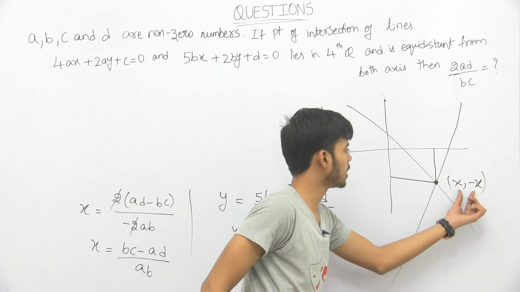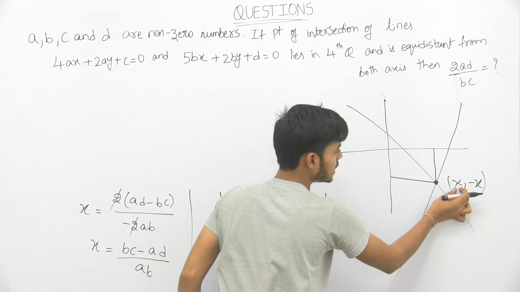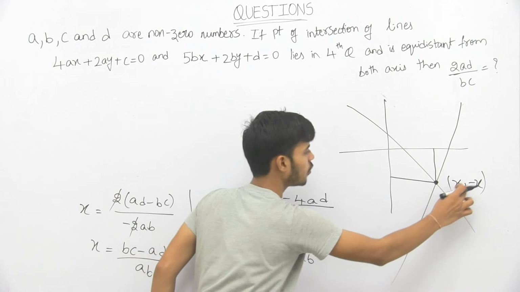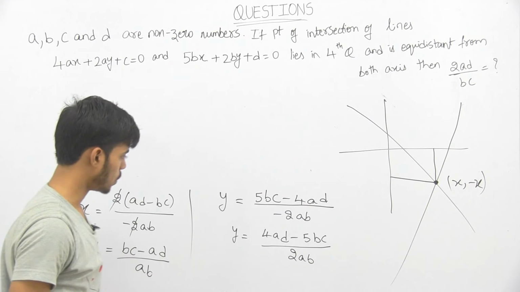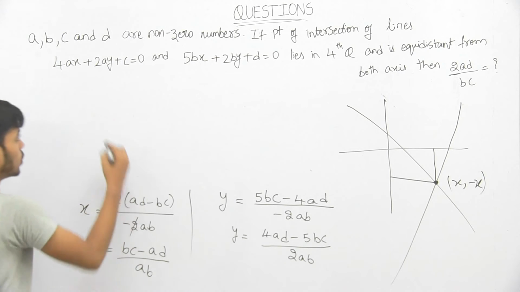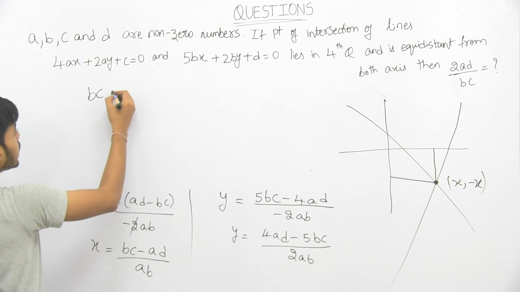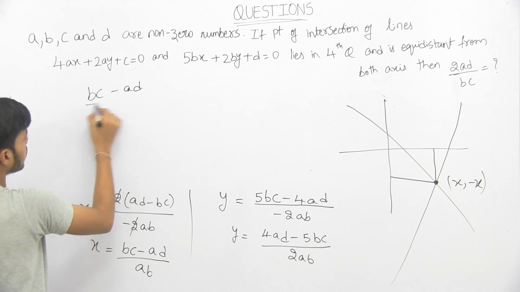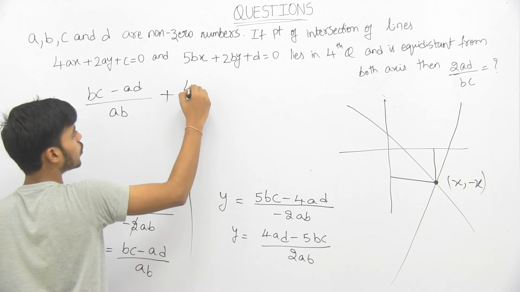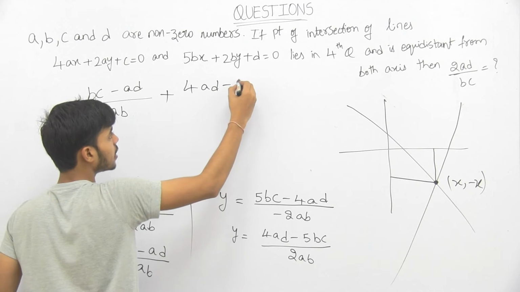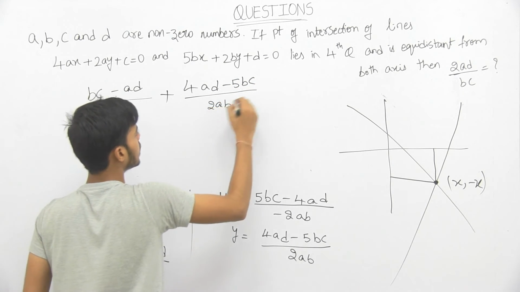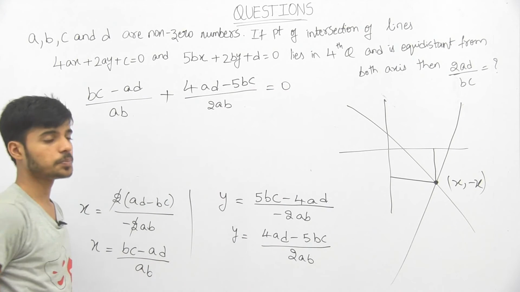जैसे हमने यहाँ देखा x coordinate is x, then y coordinate would be minus x. So sum of both the coordinates is 0. तो उसी तरह sum of both the coordinates should be 0. Then (bc minus ad) by ab plus (4ad minus 5bc) by 2ab should be equal to 0.